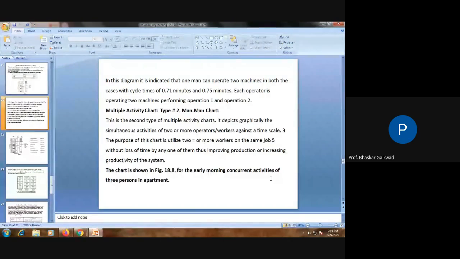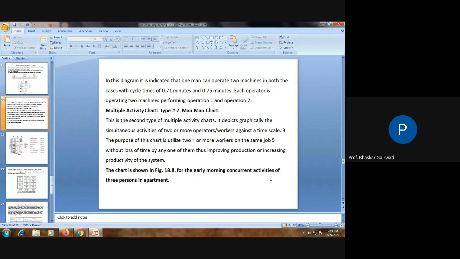The purpose of this chart is to utilize two or more workers on the same job without loss of time, and thus improve the production or productivity in the system. It means there is one job and two or more operators or workers will work on that job. This operation and the study related to it is presented on a graphical scale. This is called the man chart.